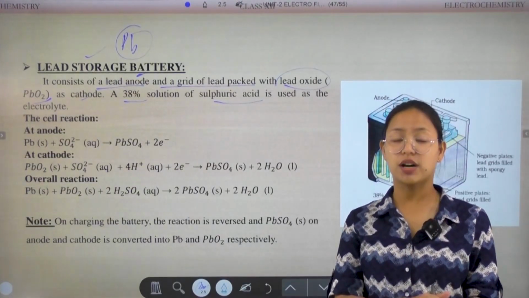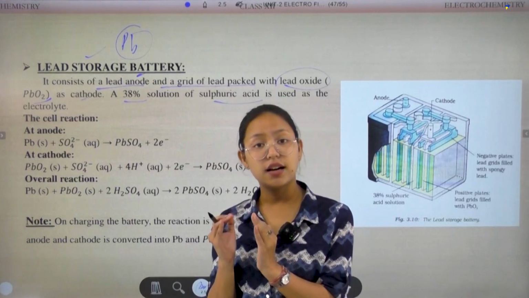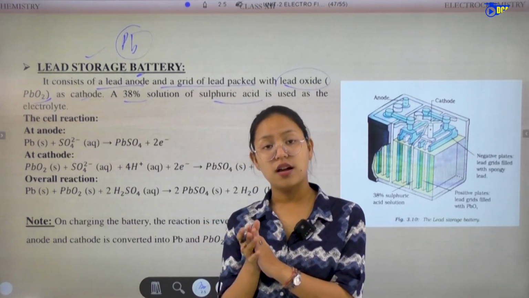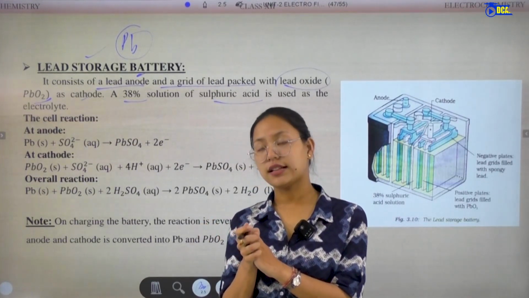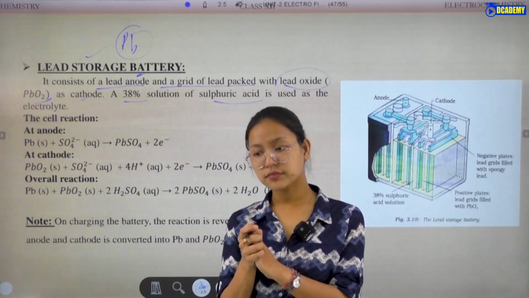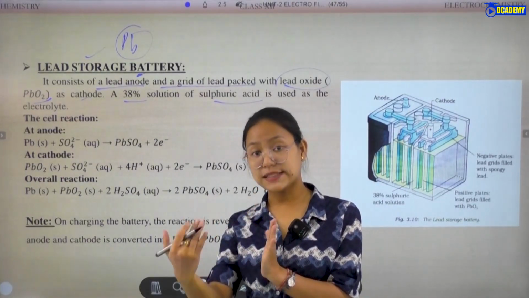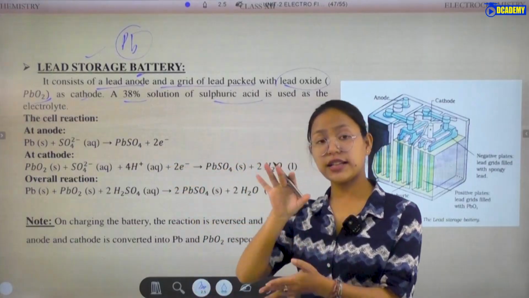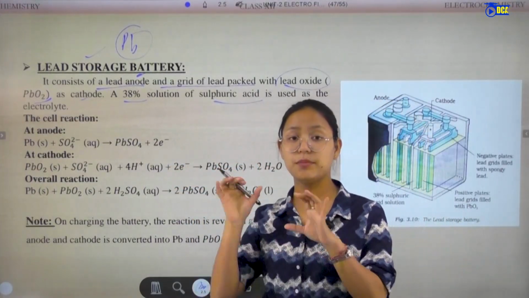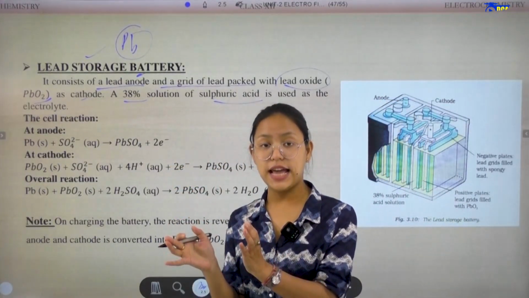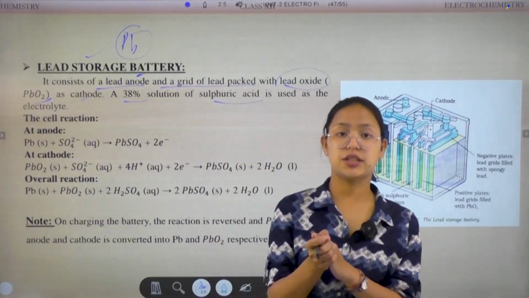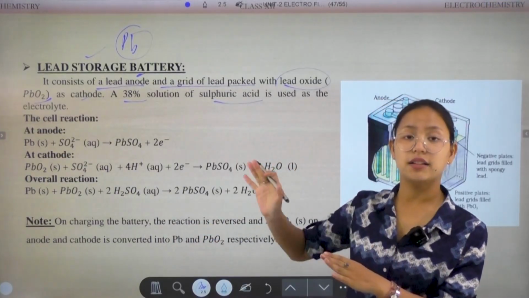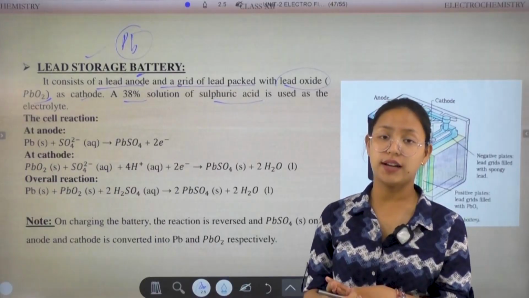It consists of dilute sulfuric acid with distilled water. It is known as the acid mixture. This is what the lead storage battery contains.